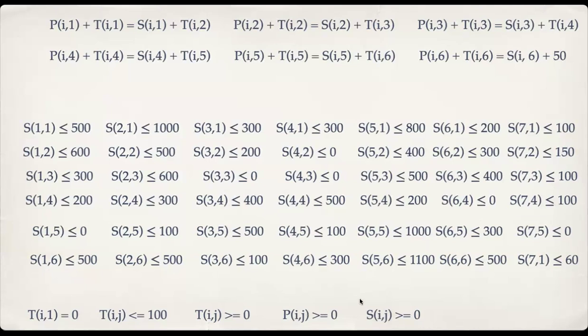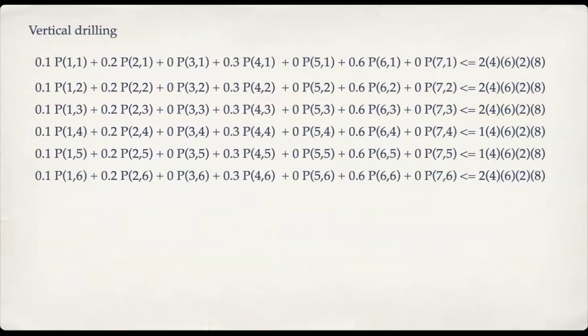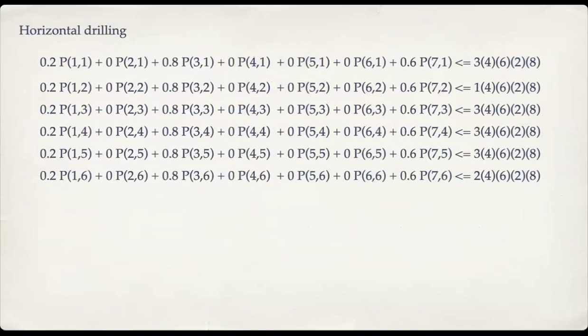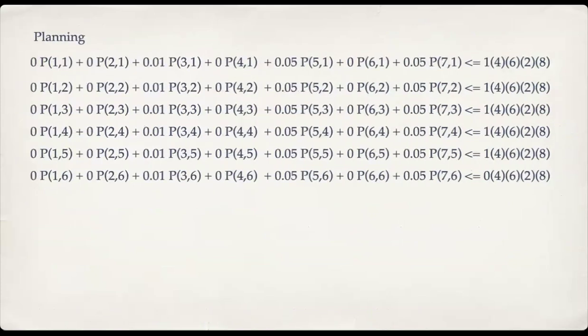And all P and S must be greater than or equal to 0. It cannot be negative. We call it the non-negative condition. Then we have a set of constraints from grinding, vertical drilling, horizontal drilling, boring, and planning. Okay, the same.